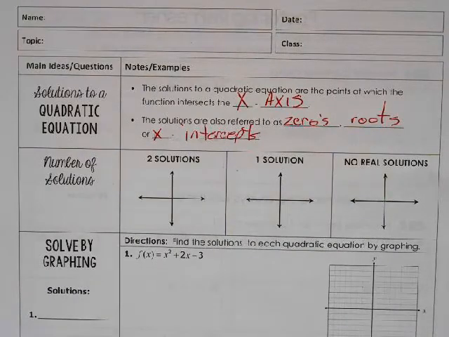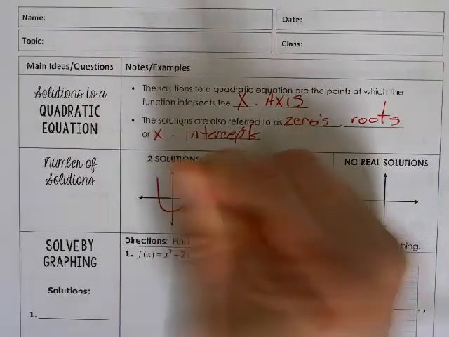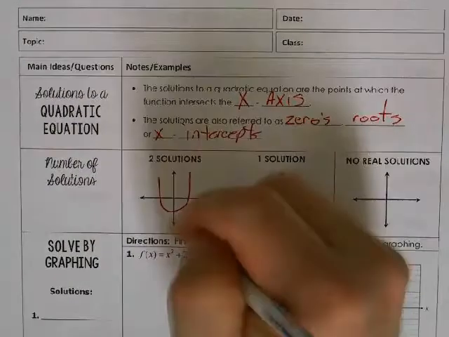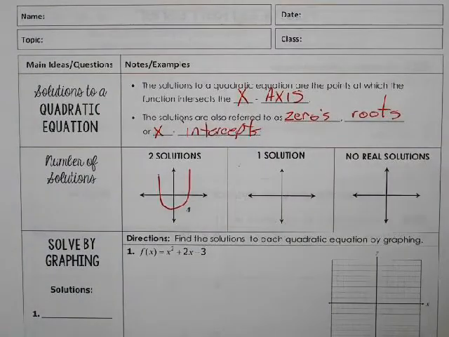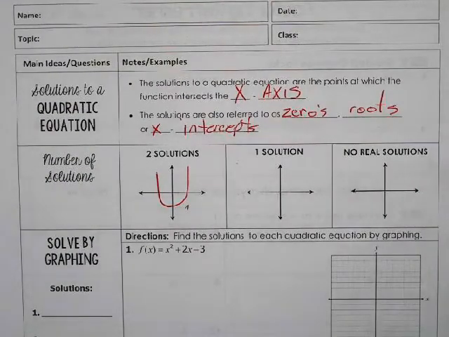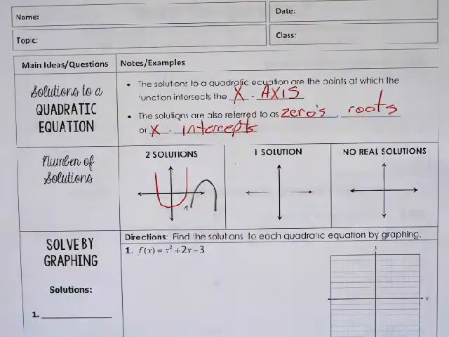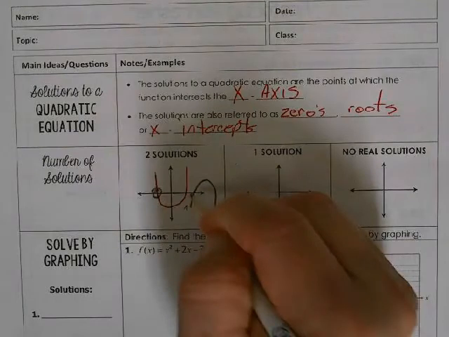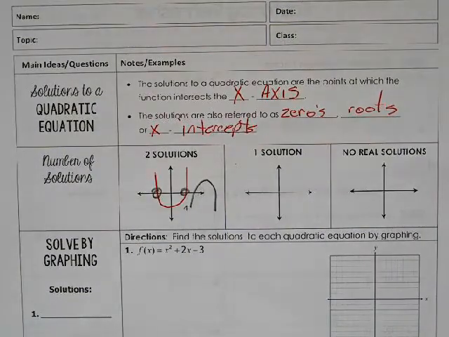So, number of solutions. If you have a graph that looks like so, or maybe like that, it has 2 solutions. And that's where the graph crosses the x-axis. Right? One solution.